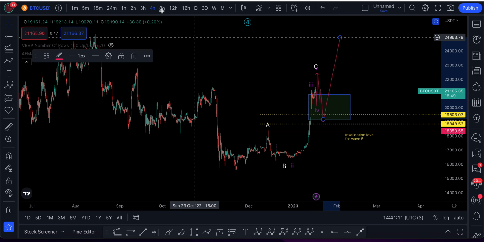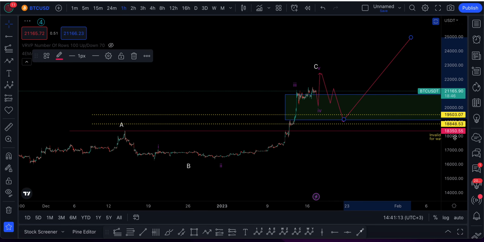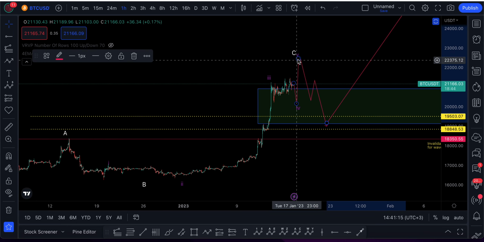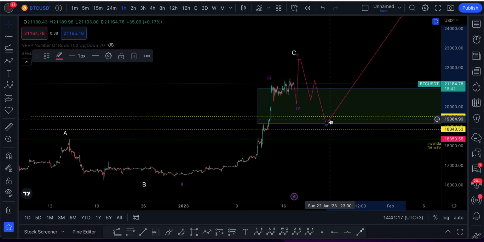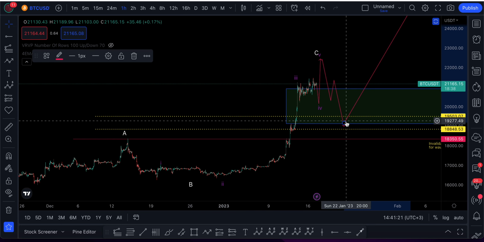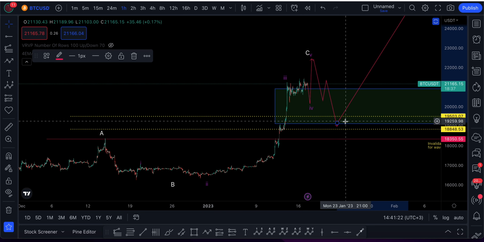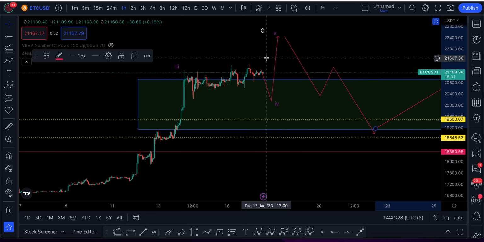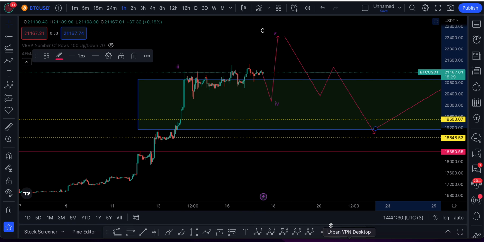Okay, so once again, we wait for this fifth wave to be complete. We get a good correction. Only then will I be thinking of buying BTC. So for now, it seems we're trying to push up, but I don't know what is going to happen.